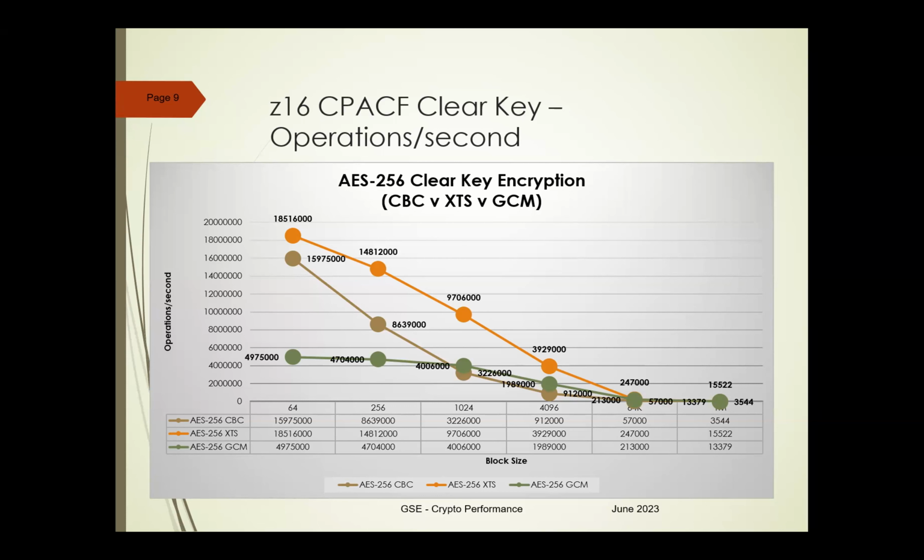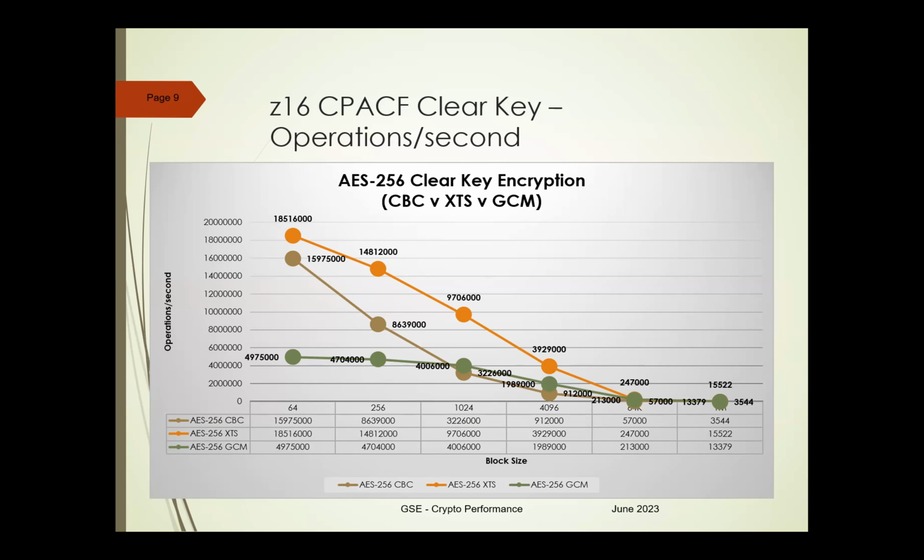And the point of this chart is to say that IBM has done a lot of work starting on the z14, and it's been carried over into the z15 and the z16 to really improve performance with ciphertext stealing and Galois counter mode, because those are used so extensively with data set encryption and with network encryption.